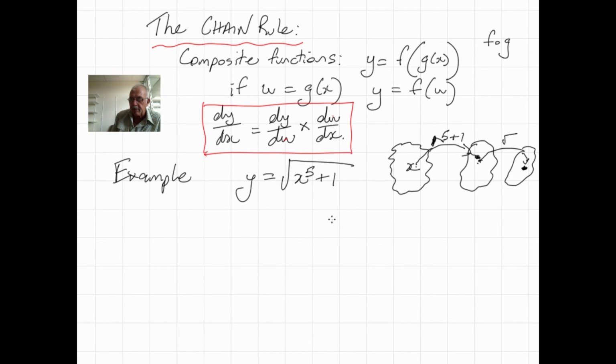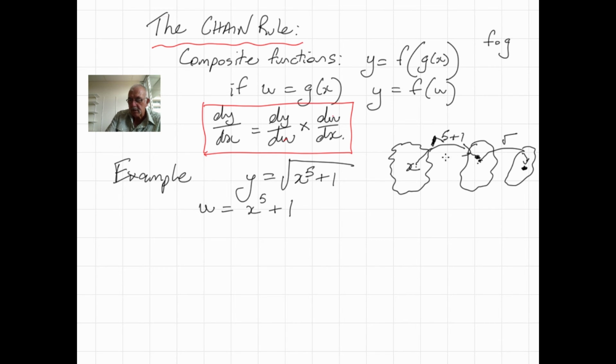It's a function of a function. So my g of x, which is u, so u equals x to the power of 5 plus 1. So that is my first function.